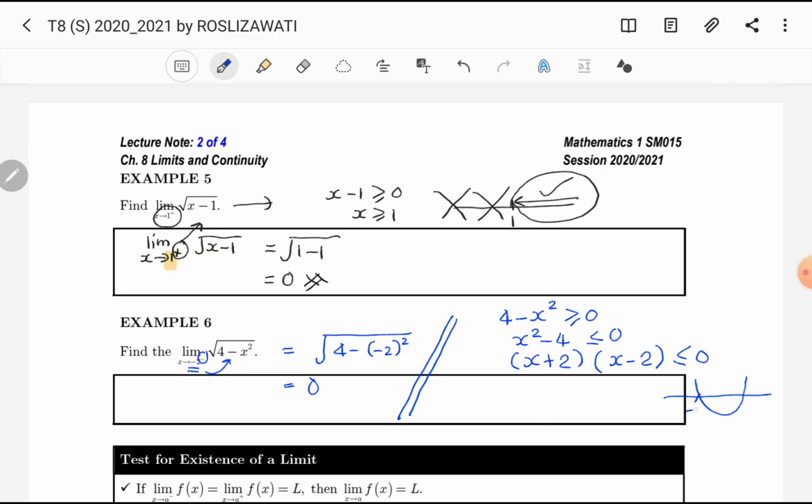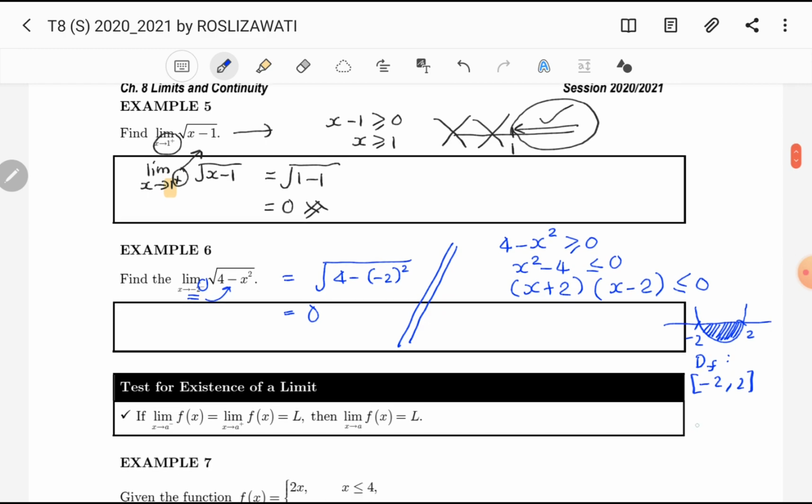We have negative 2 and 2, taking the lower part, the bottom part here. So the domain of the function is from negative 2 until 2 only. That means our graph exists between negative 2 and 2.